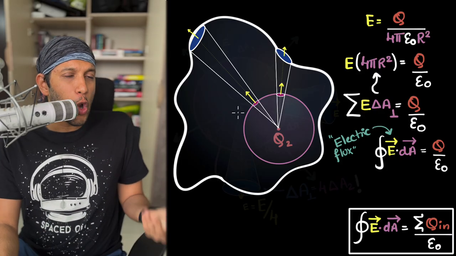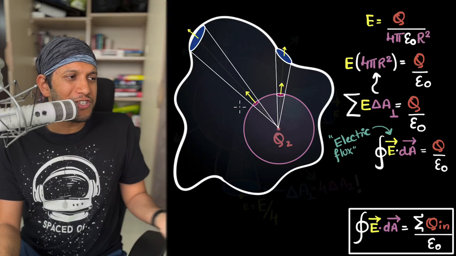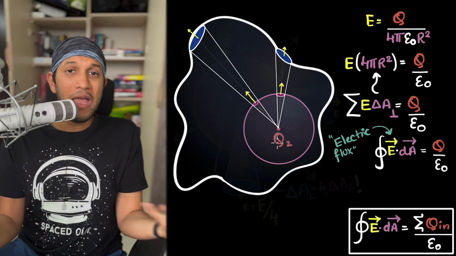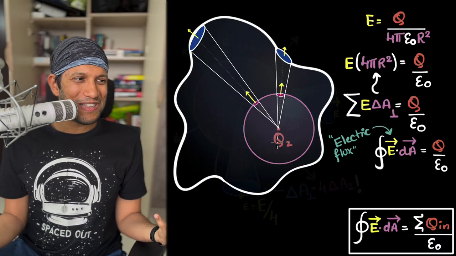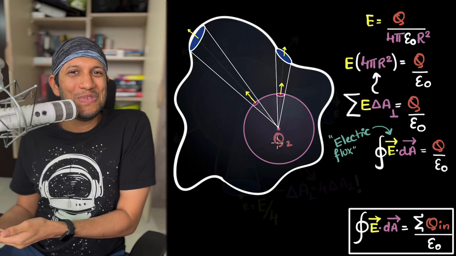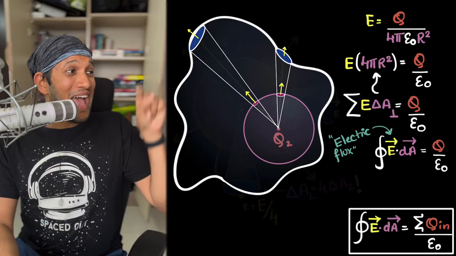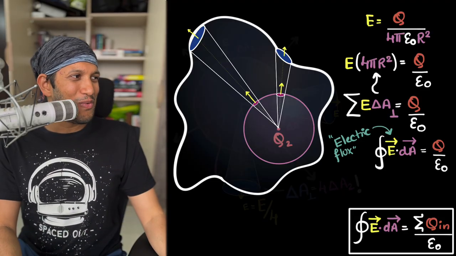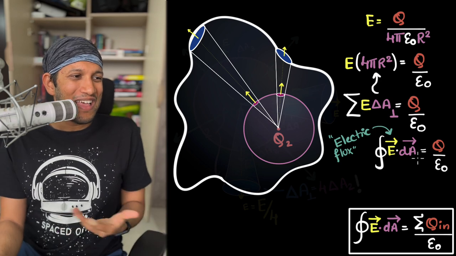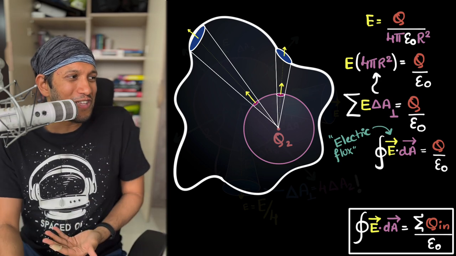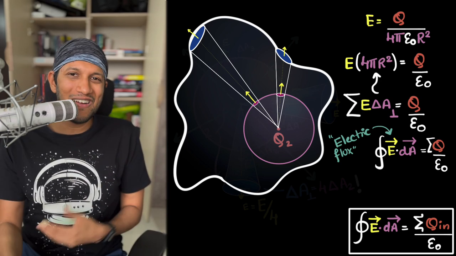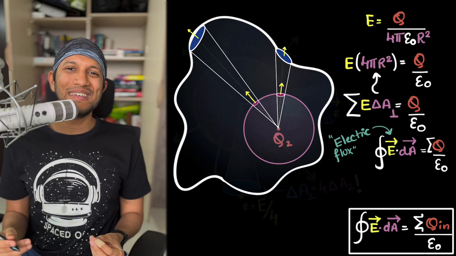And therefore, what will be the total flux due to this first charge and the second charge together? Hey, it's going to be just Q1 plus Q2 divided by epsilon naught. That's why we write that the right-hand side is the sum of all the charges that we find.